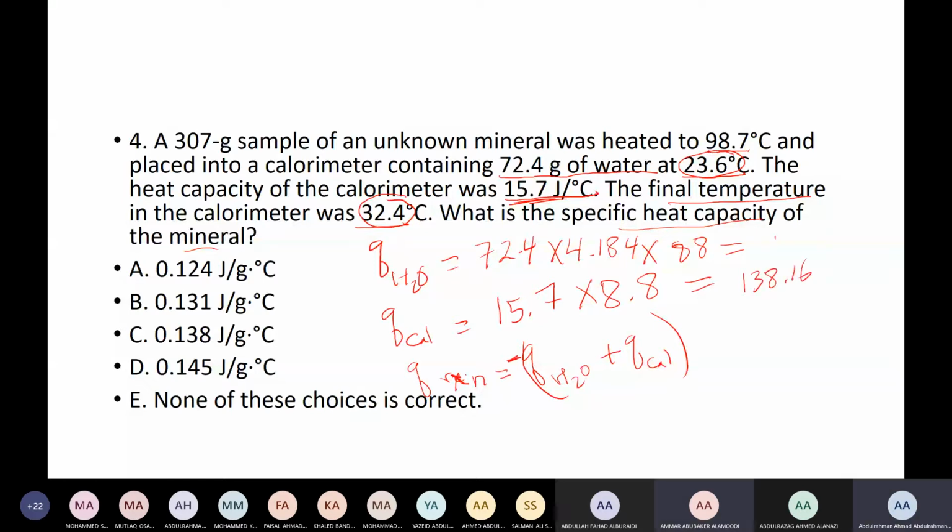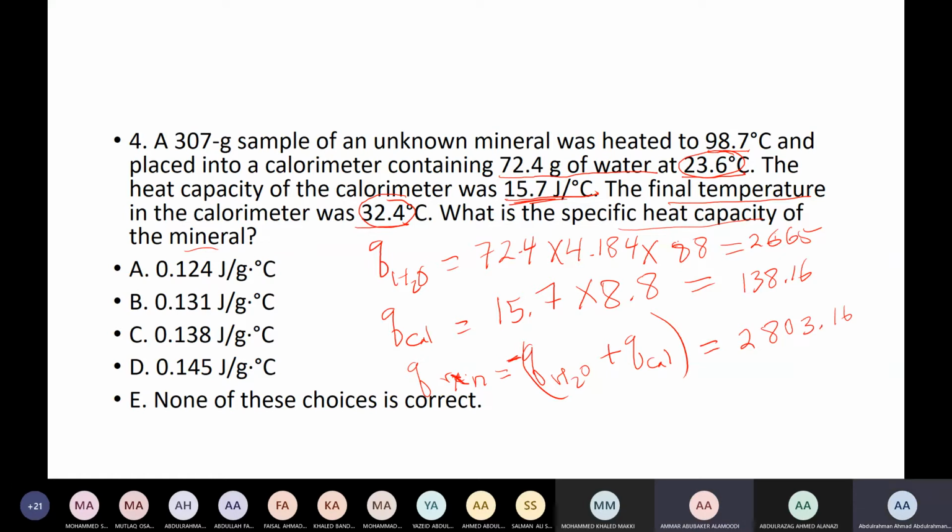And how about for water? 2,665. And what's the total? 2,803.86.